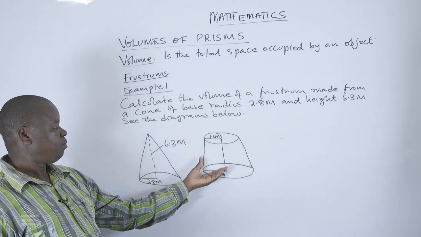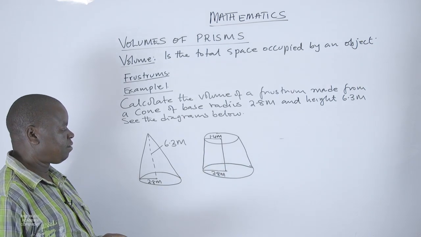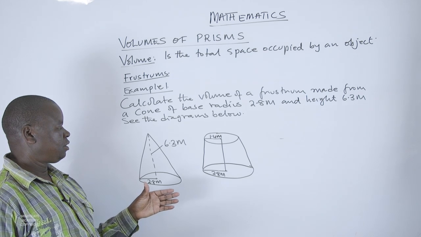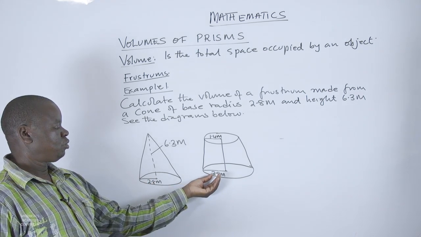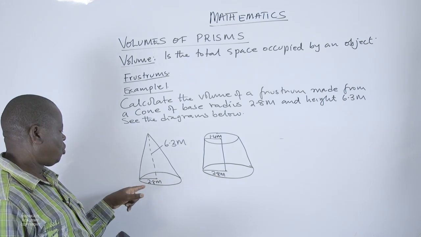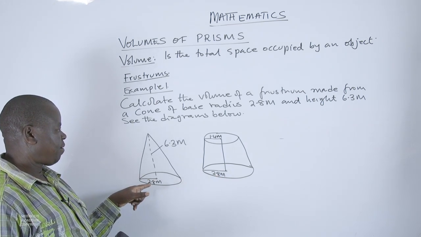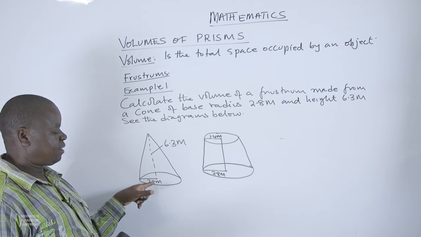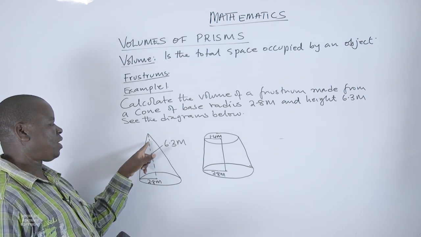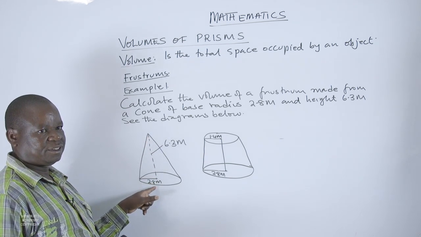So this is the frustum. We have been told to find its volume. We have been told that it is made from a cone whose base radius is 2.8 meters and a perpendicular height of 6.3 meters.